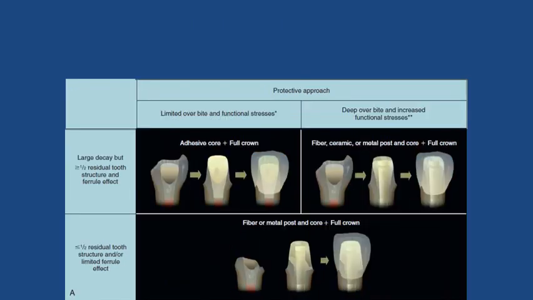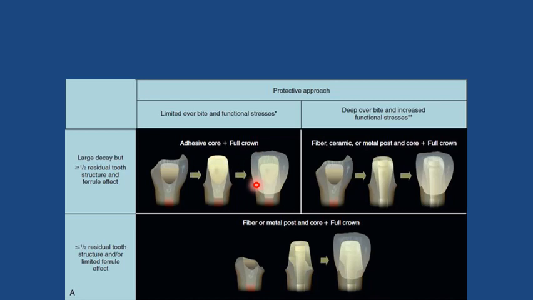If we have cases with more loss for the tooth structure, but the loss is less than the half of the tooth structure. In this case, the treatment or restoration of choice is the adhesive core followed by full crown.